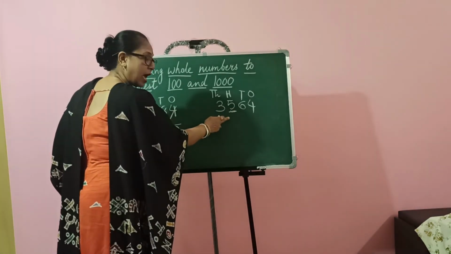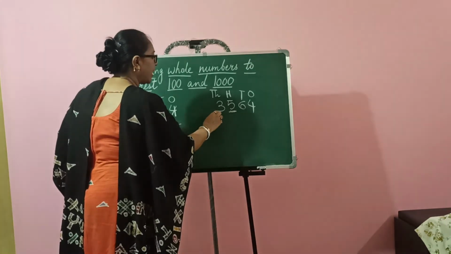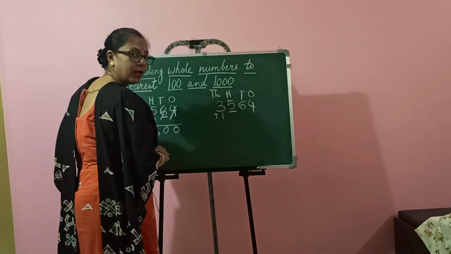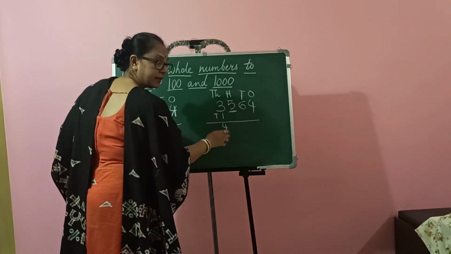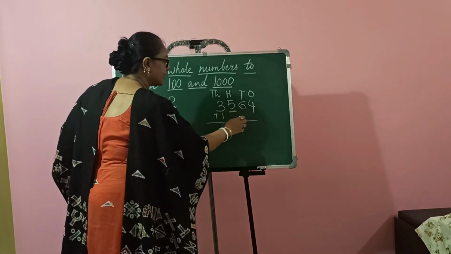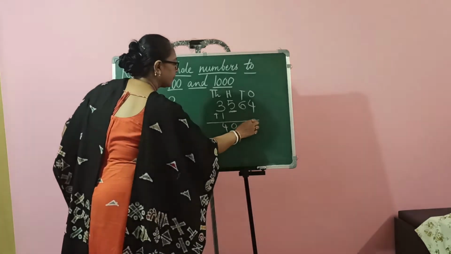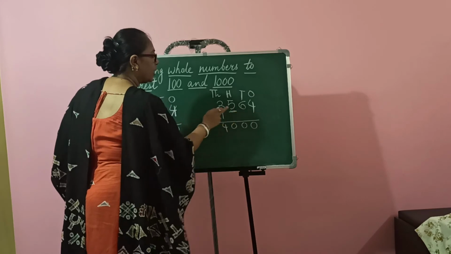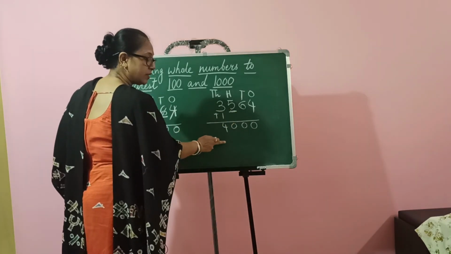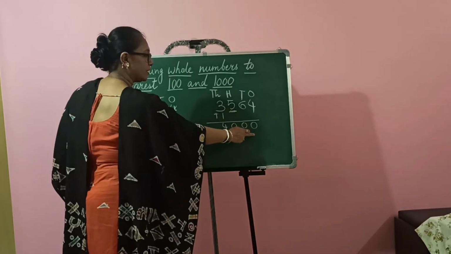So we round up. When we round up, we add 1 to the thousands place. So it becomes 4. And the remaining digits become 0. So 3564 rounded off to the nearest 1000 gives us 4000.